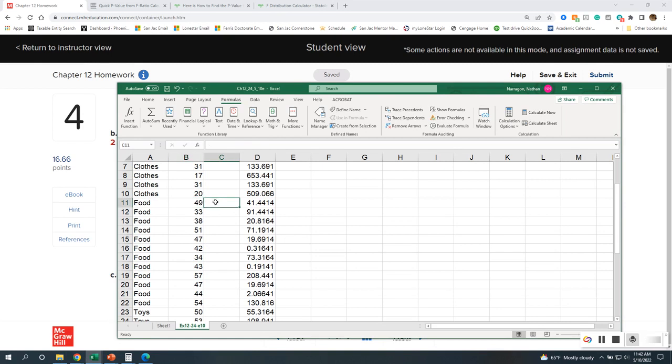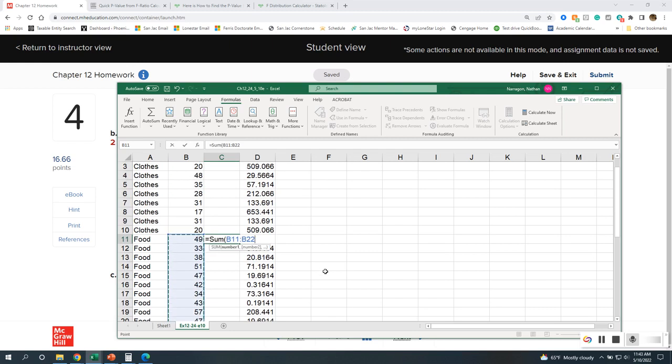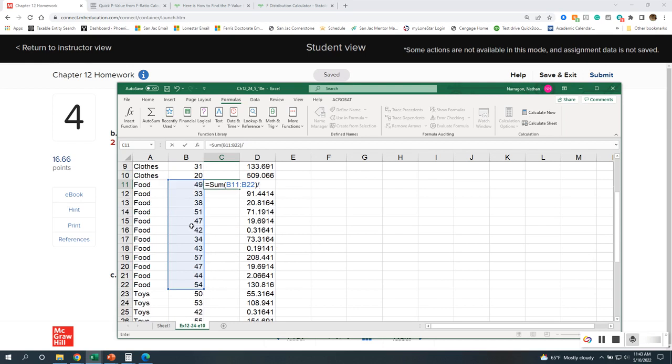Food equals sum of that divided by 1, 2, 3, 4, 5, 6, 7, 8, 9, 10, 11, 12.